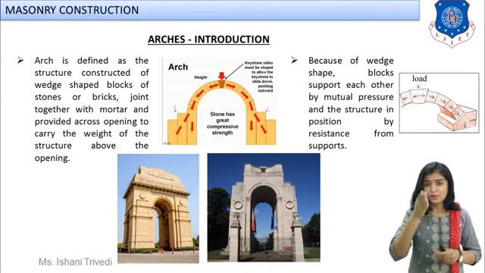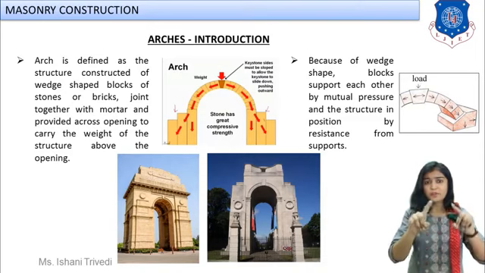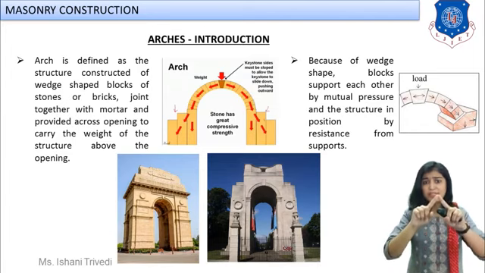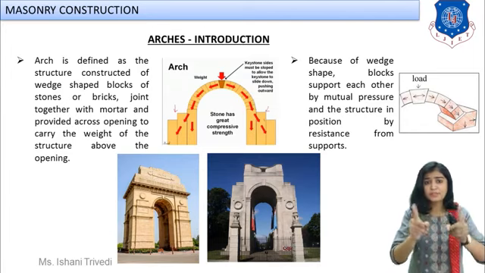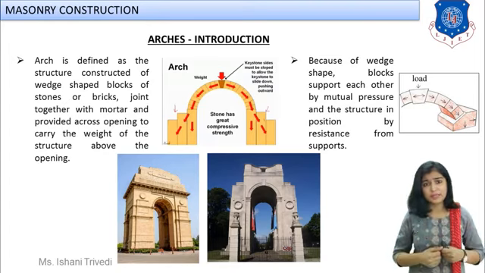Can we see that the load will be coming directly on the crown, on the center portion of the arch? Then with the help of the blocks with which the arch is constructed, it will transfer the loads in both directions equally, and then to the supports provided immediately below the arch, which are called abutments.